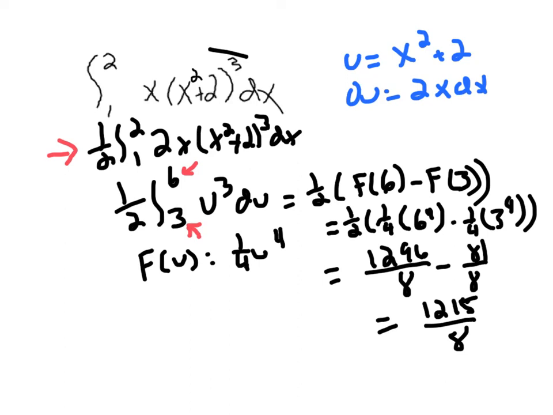I applied the fundamental theorem of calculus, big F of b minus big F of a here. I found the antiderivative of u cubed, which is 1/4 u to the 4th. And I know these numbers got a little bit big, but when you're taking something to the 4th power, it gets pretty big. And I got the final answer of 1215/8.